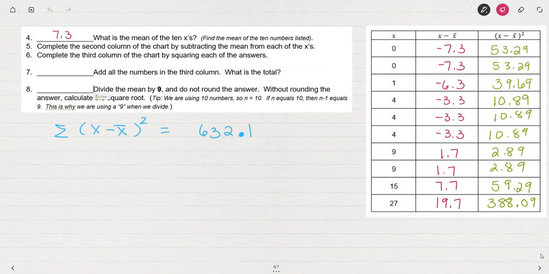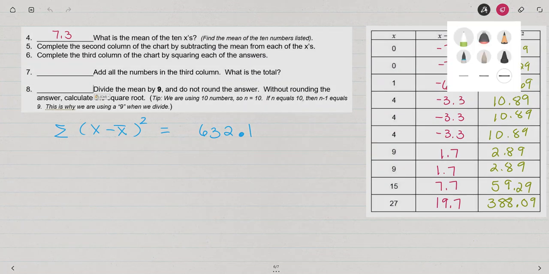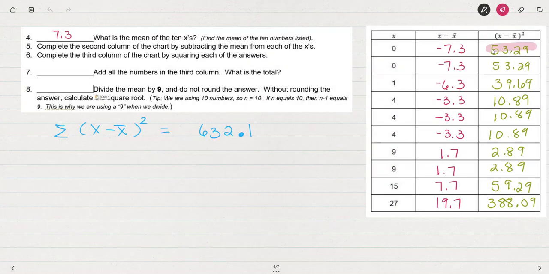The next step is to add up all of the numbers in this third column. So I'm going to add these numbers. And you can see that the way I'm noting that is with sigma. So sigma means sum up all of those squares of x minus x bars.